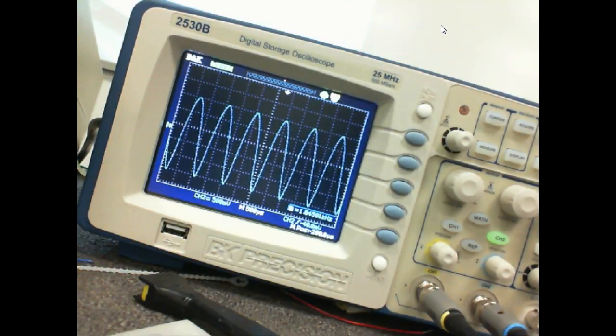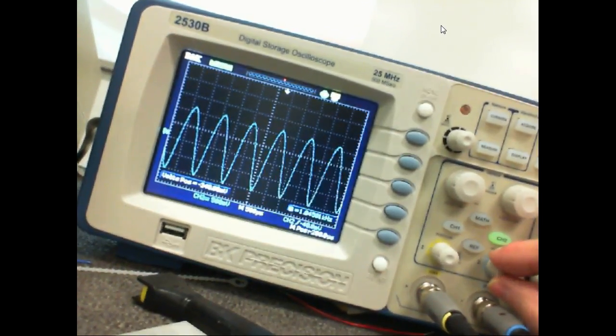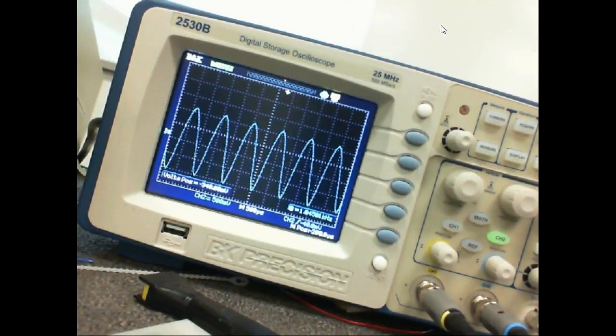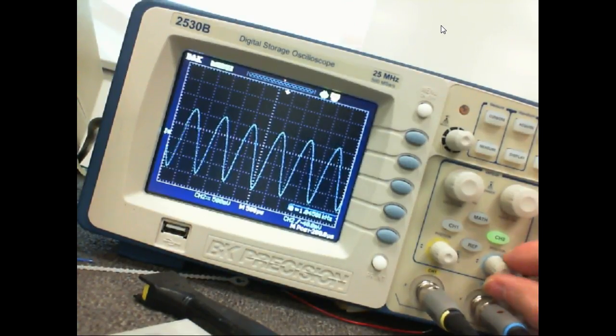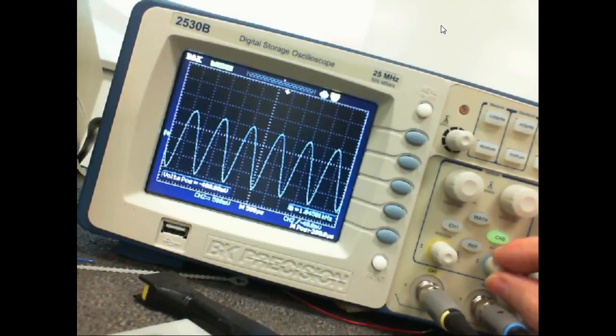Let's adjust it so we can get it a little easier. 2.5, let's adjust it down till we get 4 volts. Okay, so 4 volts.